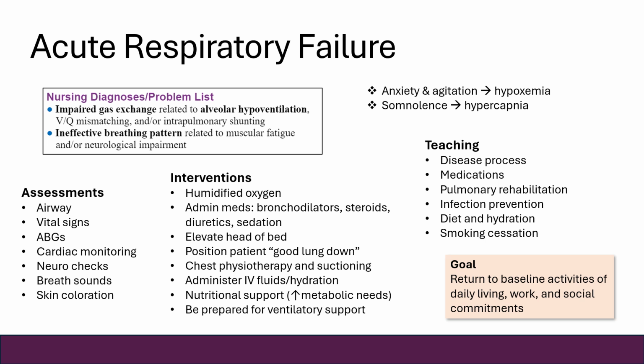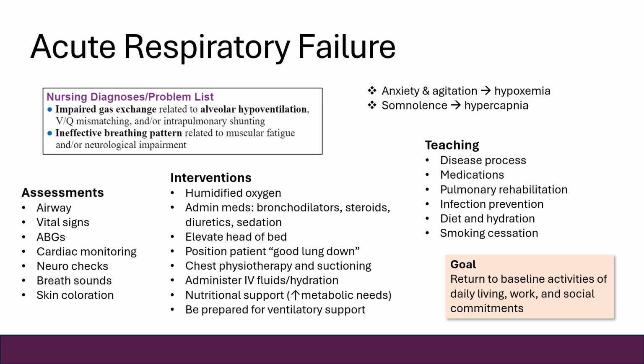We talked about ABGs at the beginning. The patient will be in respiratory alkalosis, and as it progresses to become more severe, the patient will be in respiratory acidosis. Cardiac monitoring, because the lungs and heart are friends, and the heart can start having dysrhythmias when it becomes deprived of oxygen.